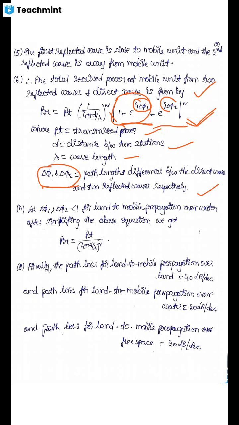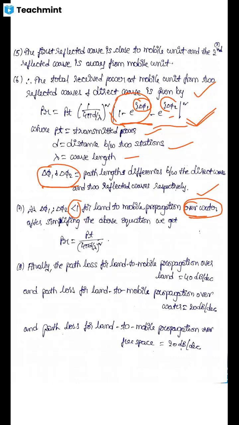Now coming to the next step, del phi 1 and del phi 2, the path length differences between the direct wave and reflected waves, are taken as less than 1 for land to mobile propagation over water.